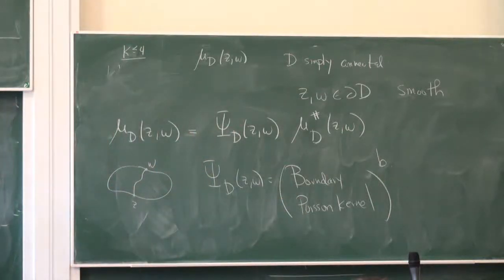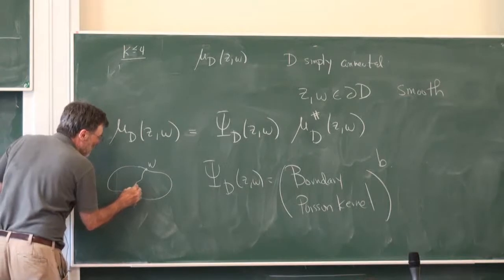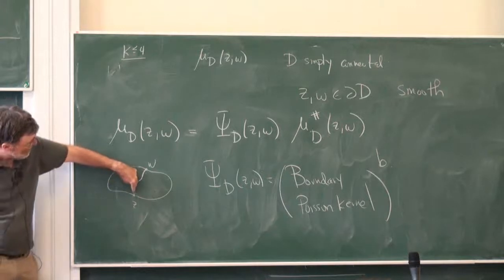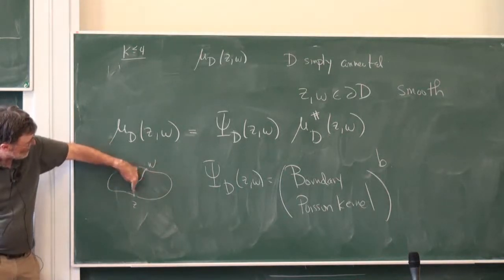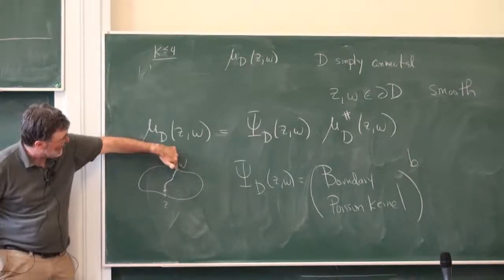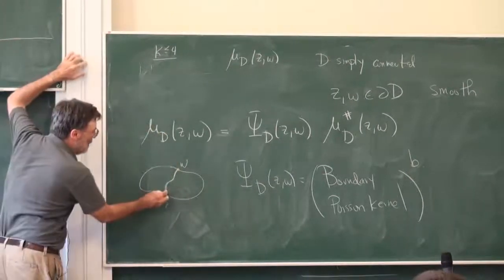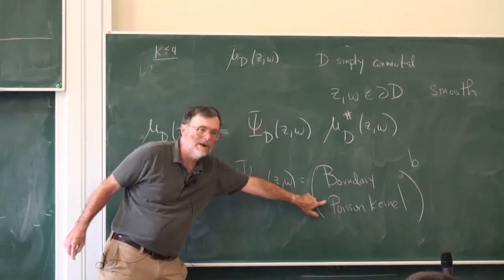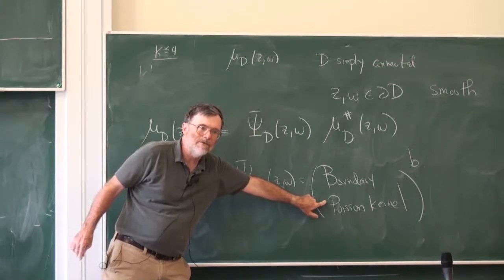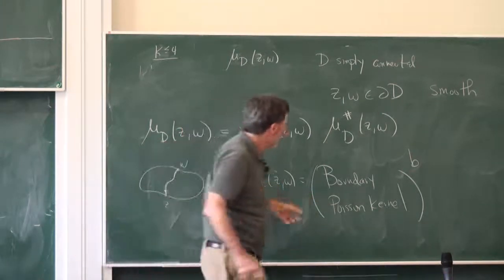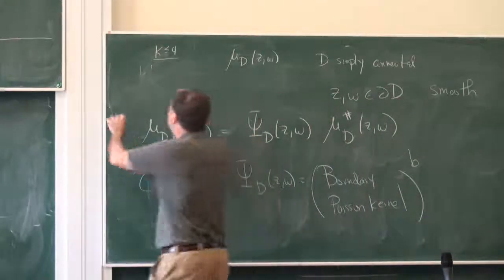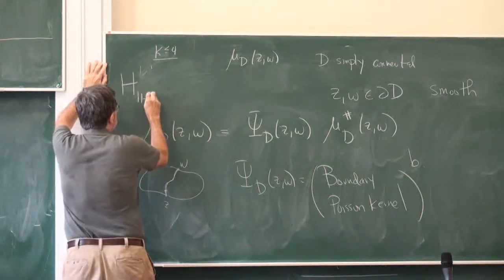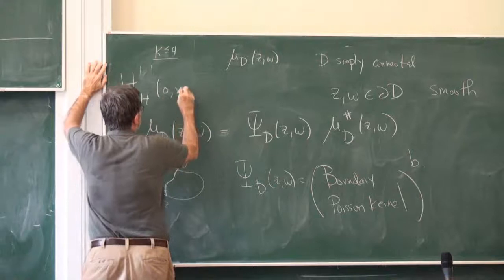What do I mean by boundary Poisson kernel? Well, the Poisson kernel is a measure on paths from there to, or it's the density of hitting w from there. It's the derivative of this as I go to z. Or you can also think of this as being the derivative of the Green's function, differentiated in both variables. Or if you don't like that, I'll just define it to be, we'll call this H. This is a boundary Poisson kernel.